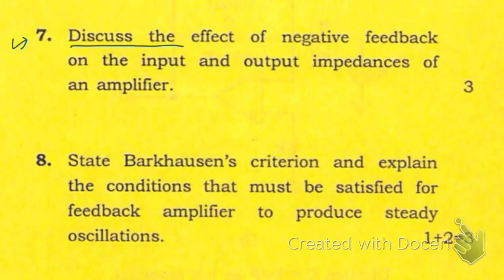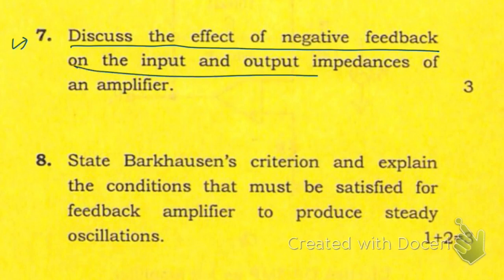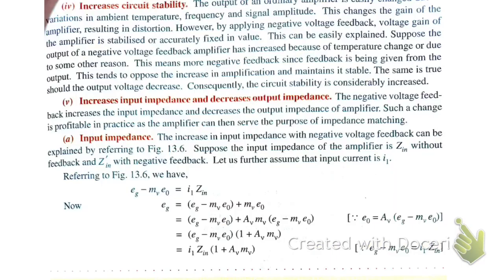Question number 7, discuss the effect of negative feedback on the input and output impedances of an amplifier. So let me give you the answer. So this is the answer to the next question, question number 7 answer. Okay.